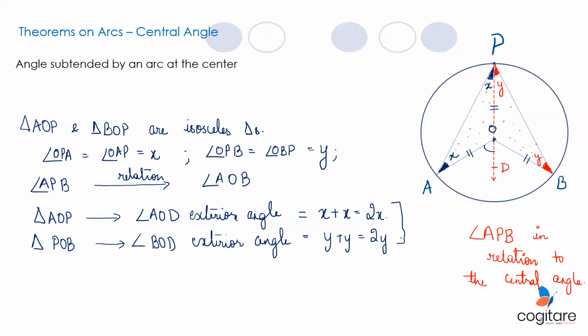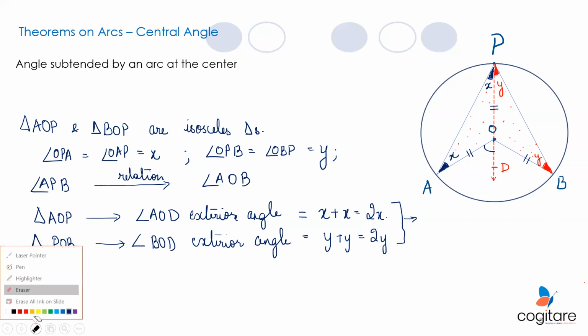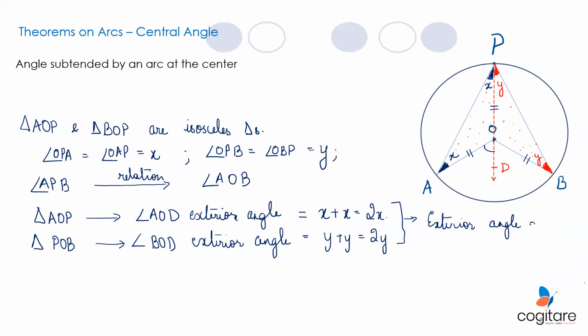So when you write this, you definitely have to write the reason. Let me make some space quickly. Okay, so the reason for both these statements to hold true is that the exterior angle is equal to the sum of its interior opposite angles.